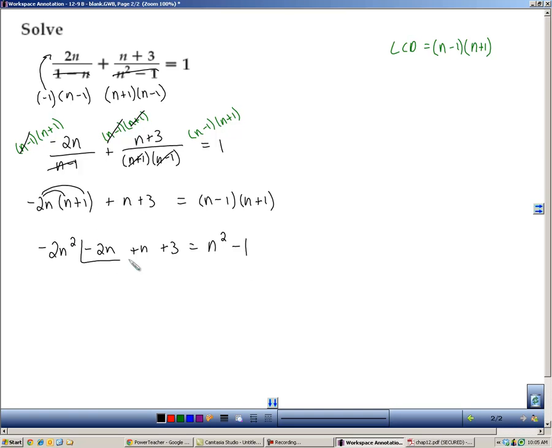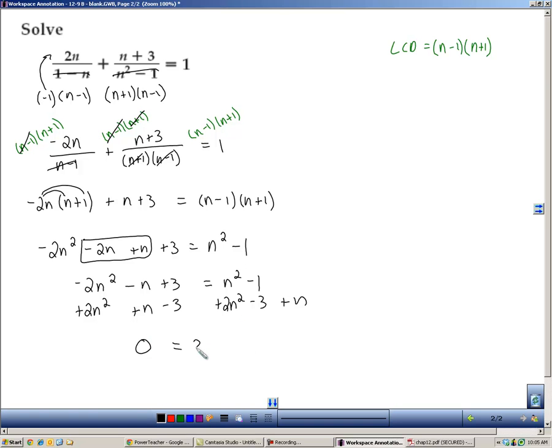I see like terms that are on the same side to be a negative 1n plus 3 equals n squared minus 1. I like to keep my squared terms positive, so I'm going to add 2n squared over here. But that means I'm also going to bring the n over, and that means I'm also going to bring the 3 over. So it's all going to be equal to 0 here.